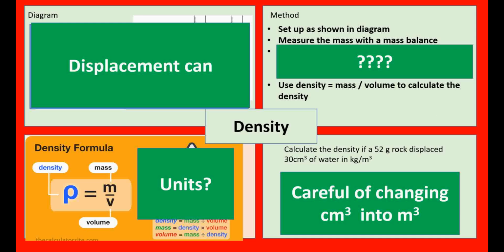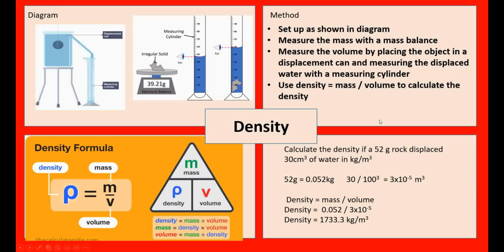Okay, moving on. Here's my unhidden slide. So we've got a displacement can, we've got a measuring cylinder. For density, the difficulty is finding the volume of an irregular shape. With a regular shape, we can just use a ruler to measure the 3 sides and times them together to get the volume. But with an irregular shape, we need to find the displaced volume it makes.